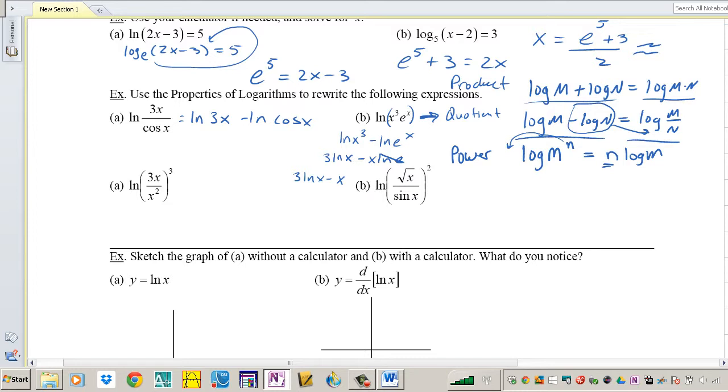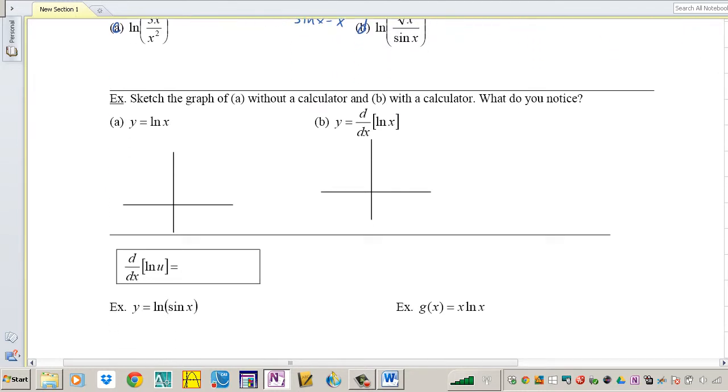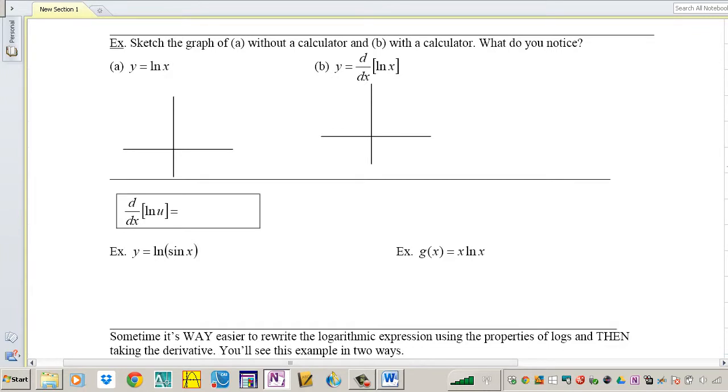And I'll let you guys do the second A, which should be C, and the second B, which should be D, on your own. Now, we're going to go ahead and skip the sketching part of this, so I'll let you guys do that as an exercise on your own.